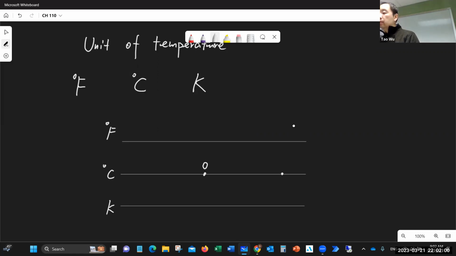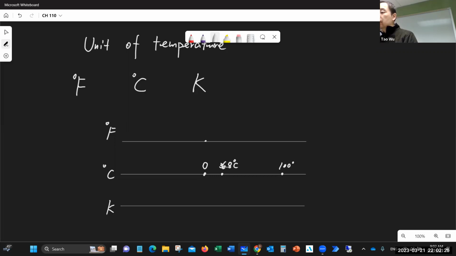And 100 Celsius is the boiling point of water. Our body temperature is about over here, about 36.8 Celsius. People say 37, and 37 is probably fine.